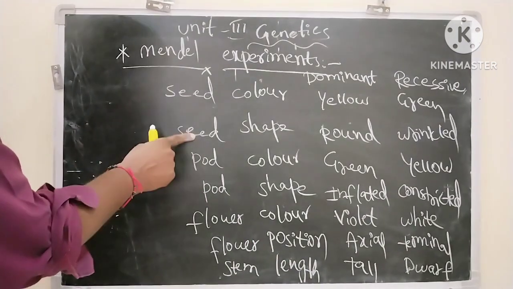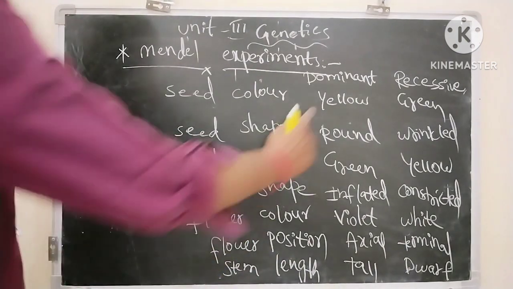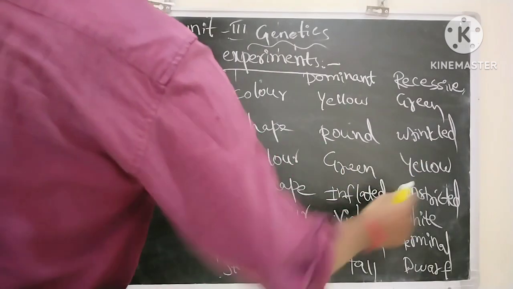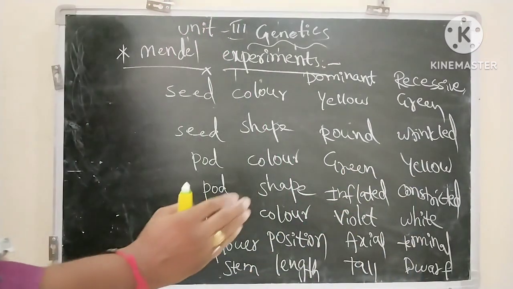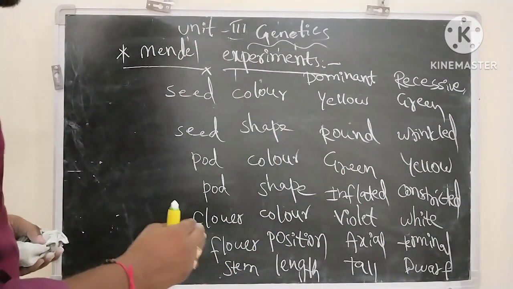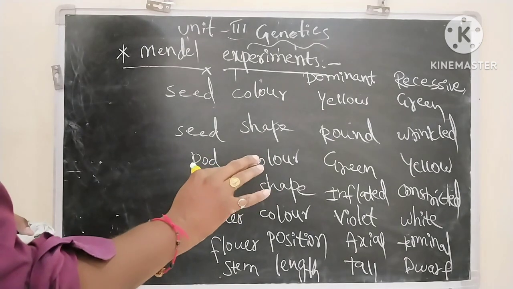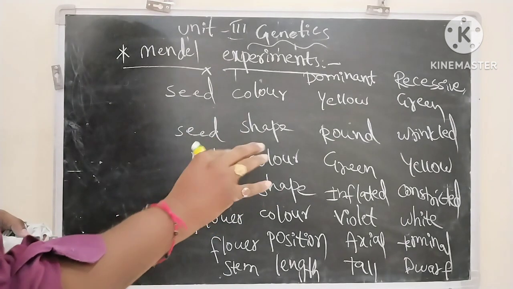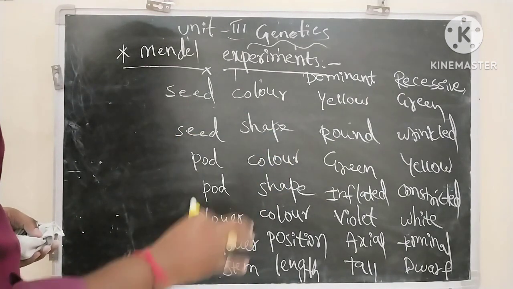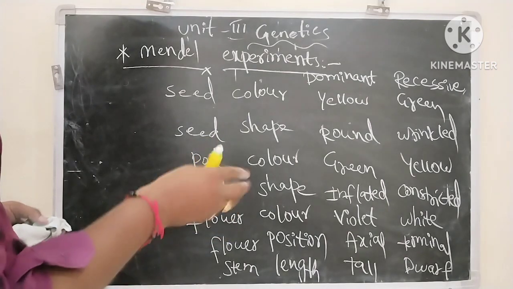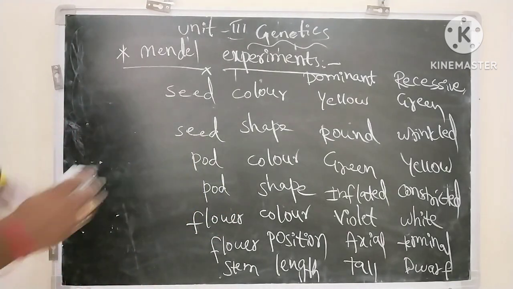So these are the 7 characters he selected, and these are called 14 contrasting pairs. Mendel performed his experiments and confirmed the characters obtained in the offspring, and he called them true breeding pea lines.